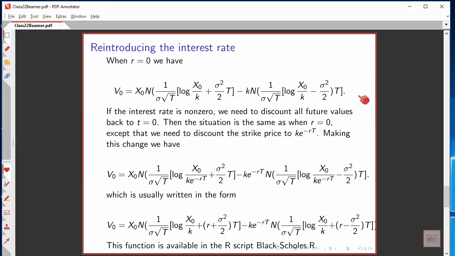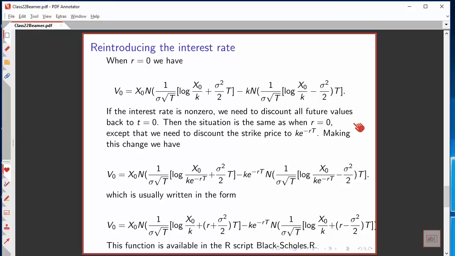Well, there's the formula we just derived. If we have a non-zero interest rate, what do we do? We discount all future values back to time t equals 0. And once we've done that, everything is exactly the same as when r equals 0.